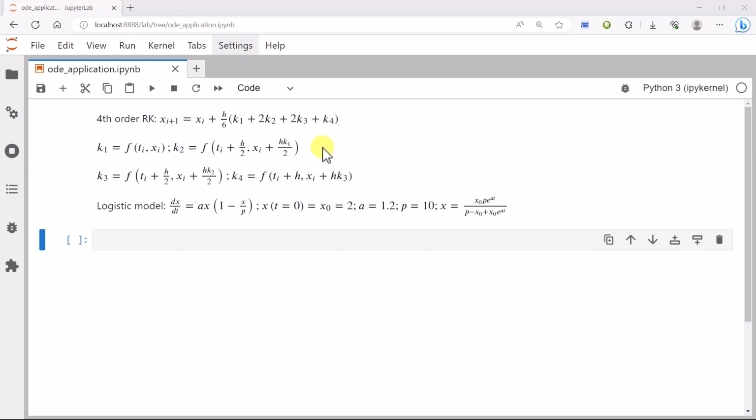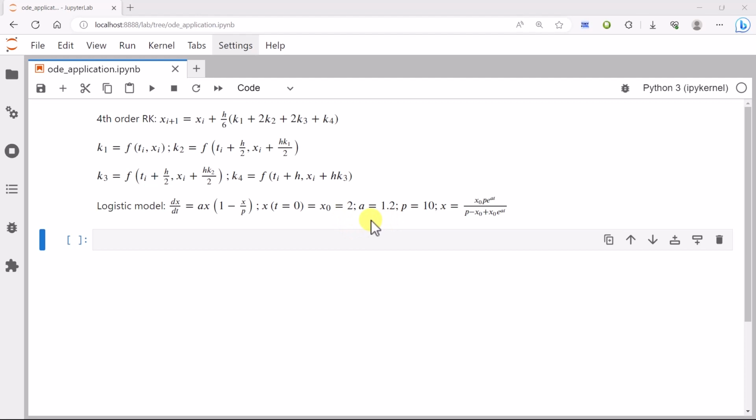We are going to solve this logistic model, that is dx/dt equals a x multiplied by 1 minus x by p. The initial condition, at time t equals 0, the population is x naught, given as 2, that is 2000 deer.